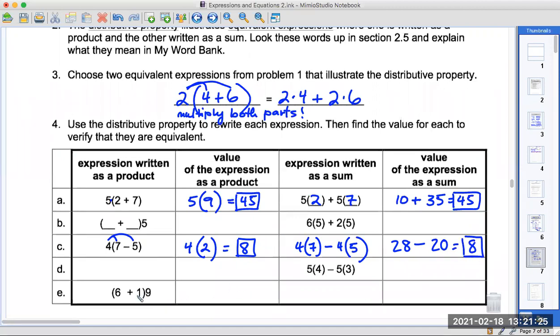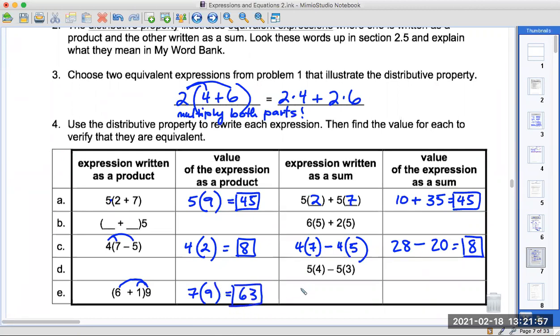So I'm going to try this one next, okay? 6, so the 9 gets distributed. 6 times 9 plus 1 times 9. No, sorry, that's the wrong slot. 6 plus 1 is 7 times 9 is 63.